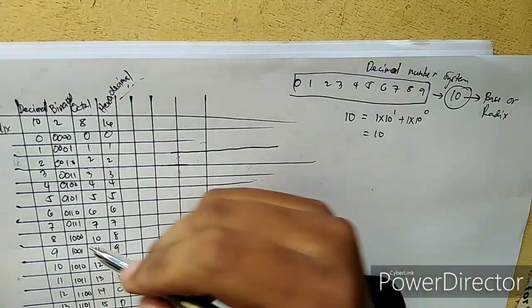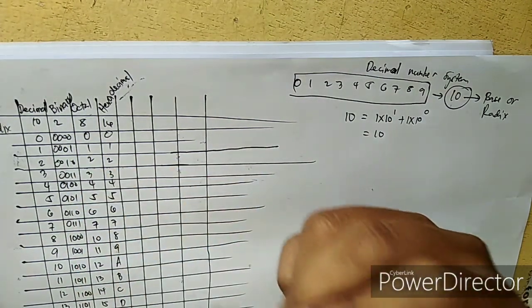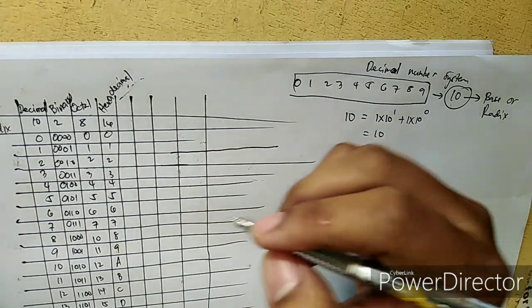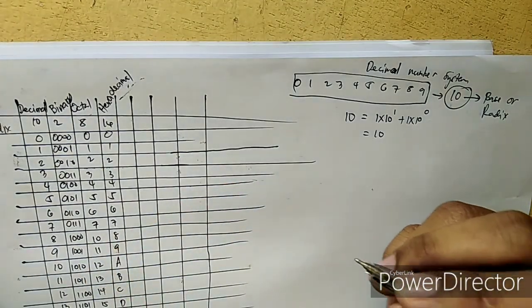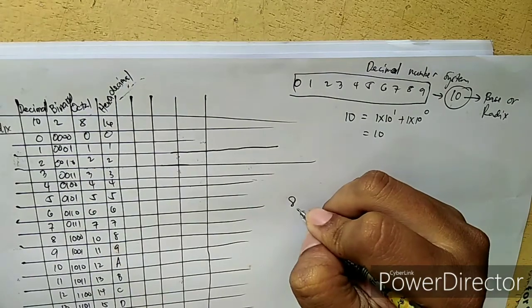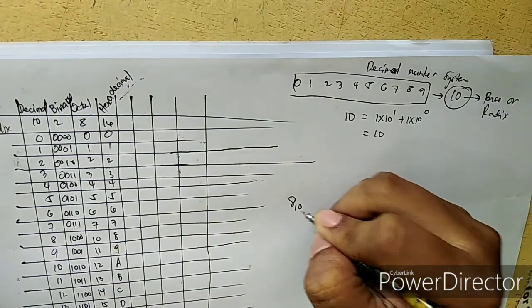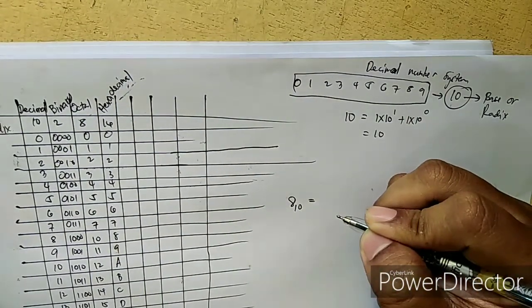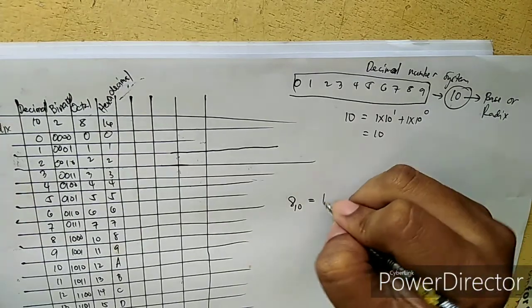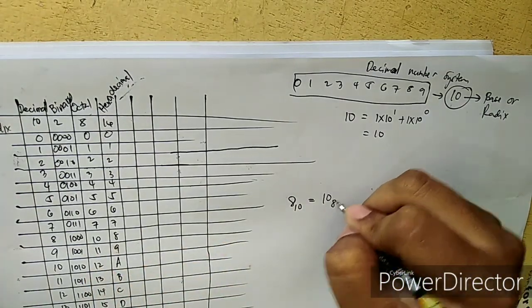So in order to categorize decimal and other number systems, we'll be using the base. So 8 in base 10, meaning decimal, is equal to 10 in octal.